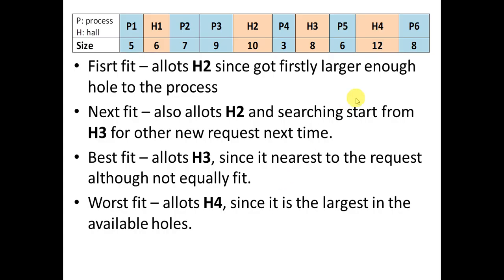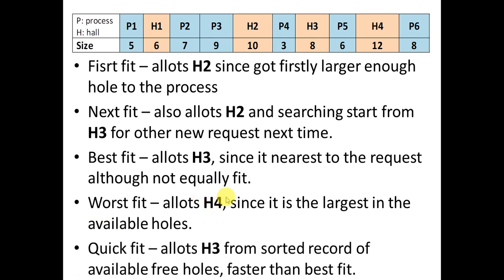So H4, or hole 4, is allotted to the newcomer process, 7 is used by that process and 5 remains as free memory, since it is the largest of the available holes. And the last one, quick fit, allots H3 from its record of available free holes.